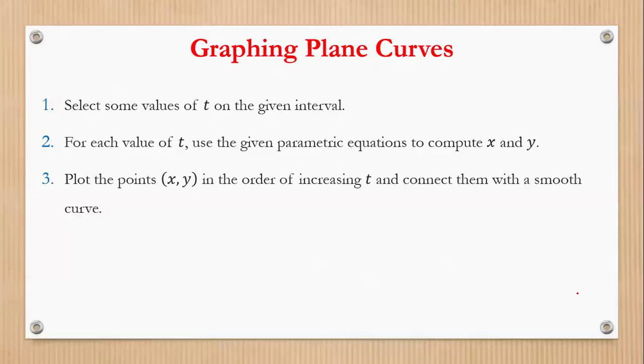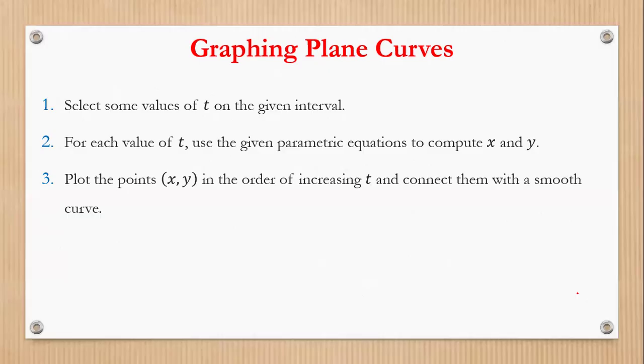Now, how can we graph any plane curve? We need to find the values for t based on the given interval, and then we replace numbers for t into both of the equations of x and y. After finding the x and y for each given t, we will find an ordered pair of x and y.